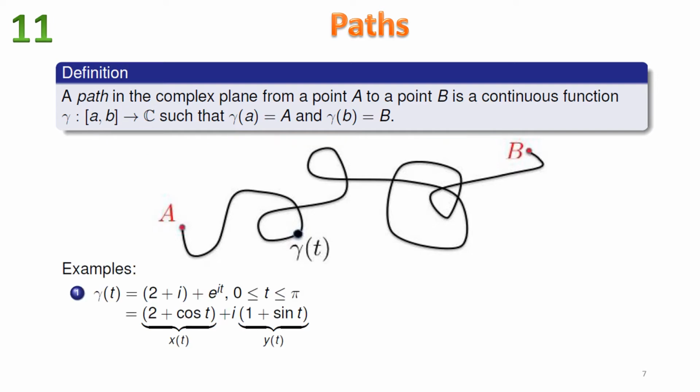Now let us deal with a simple example. Gamma of t is equal to 2 plus i plus e to the i times t, where t rolls from 0 to pi. Now e to the it will describe a circle if t rolls from 0 to 2 pi. As t is rolling from 0 to pi, it will describe half circle.